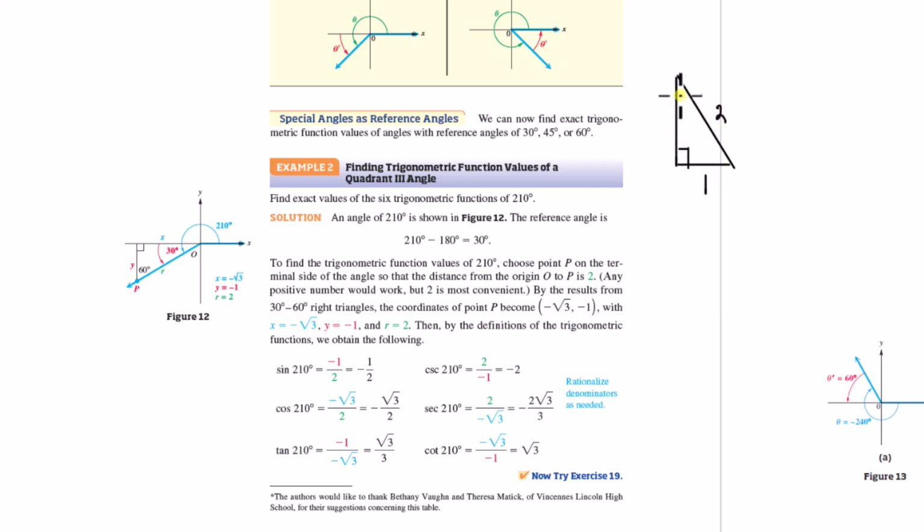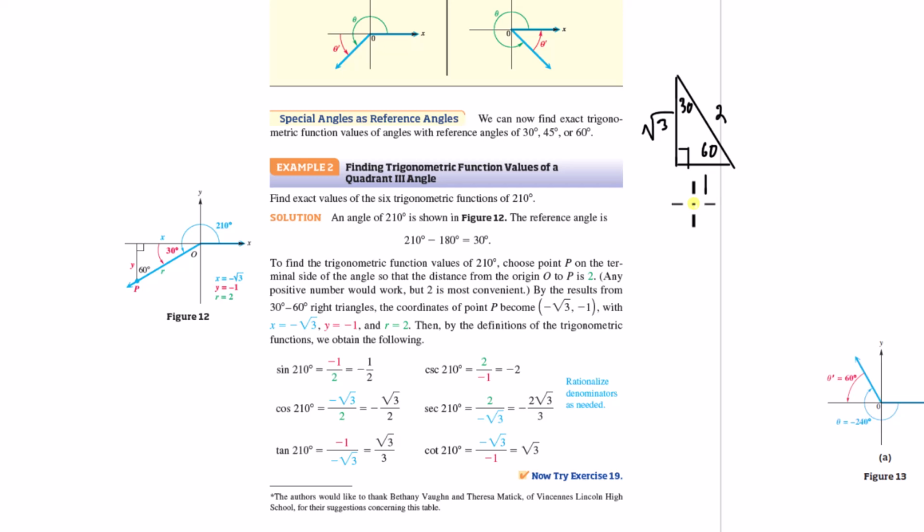If this is 30, 60, we know sine of 30 is 1/2, cosine of 60 is 1/2, sine of 60 is √3/2, etc. And so with that, we can obviously get these trig function values for 30 and 60 and 45, but also we just talked about how if we have any angle that has reference angle 30, 60, or 45, we can get those exact trig function values, or even any angle that's coterminal with one of those.